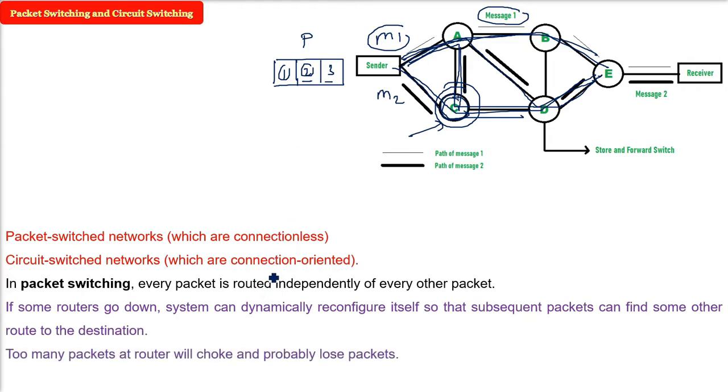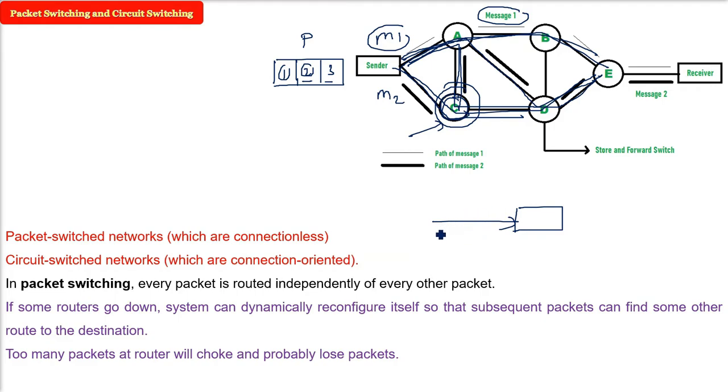There is one more thing here: if too many packets swamp or flood the router, it can choke the router. So what will happen? The packet will be lost. The networking devices will be losing or dropping the packets.